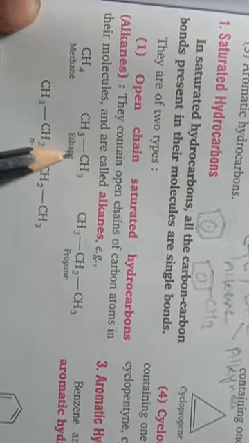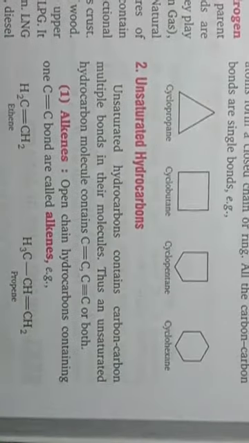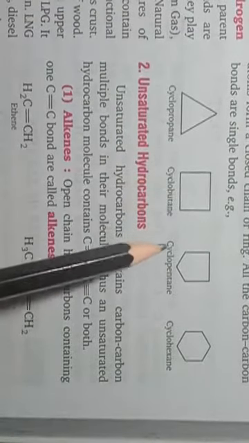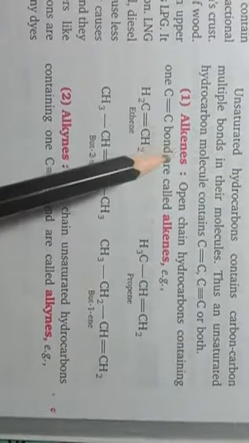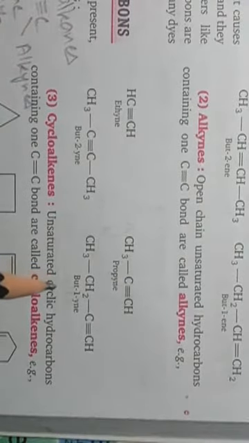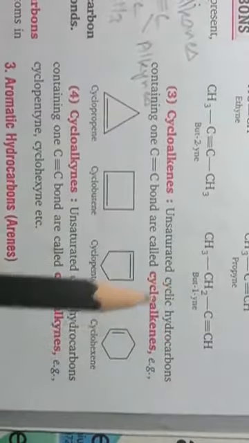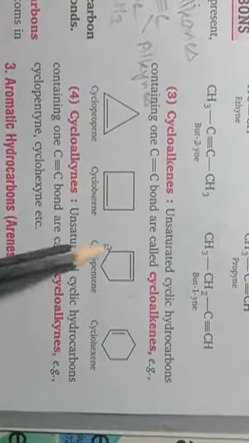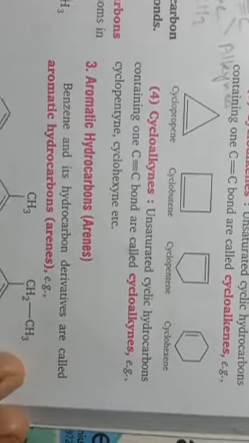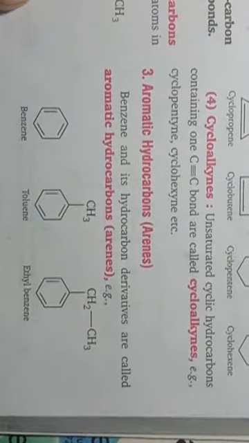Open chain, like aliphatic alkanes, and closed chain saturated hydrocarbons, like cyclic alkanes: cyclopropane, cyclobutane, cyclopentane, etc. Unsaturated hydrocarbons, as I already told you, alkenes and alkynes are the examples of unsaturated aliphatic hydrocarbons, and in the same way we can take cyclic alkenes or alkynes as examples of unsaturated cyclic hydrocarbons. Then aromatic hydrocarbons like benzene, toluene, etc.